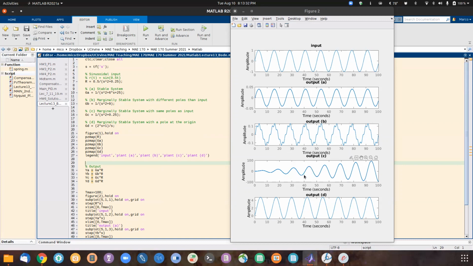Then for output C, we have that when we excite the system with the same frequency as the natural frequency of the system, in other words, the poles of the input are the same as the poles of the plant transfer function, then the system's response oscillates, yes, same frequency, yes, but the amplitude will tend to infinity.